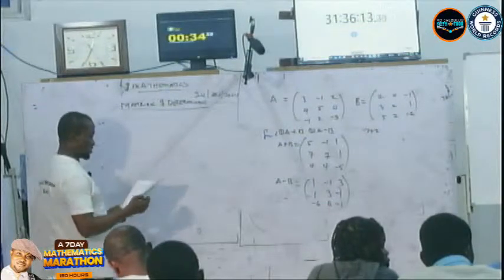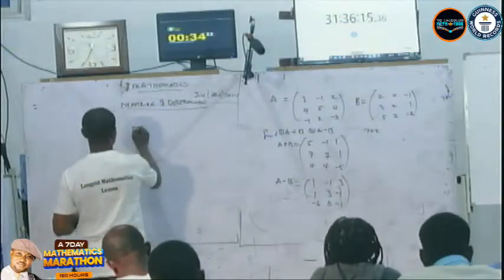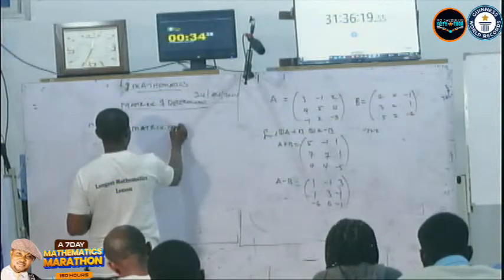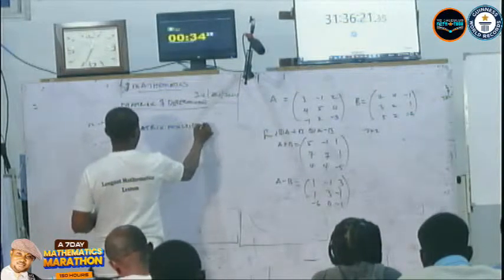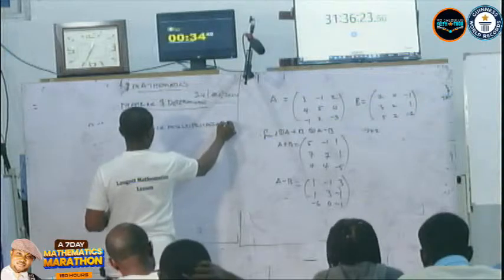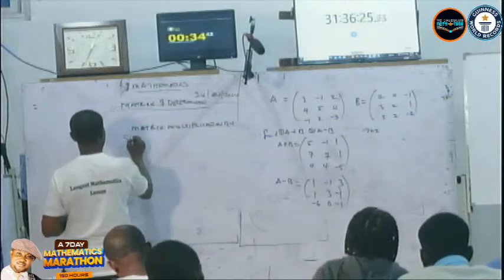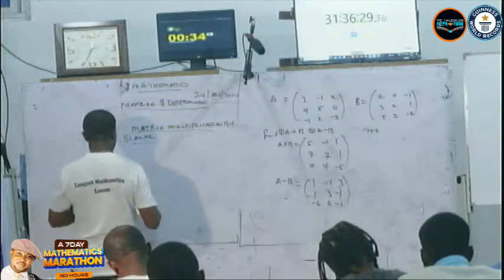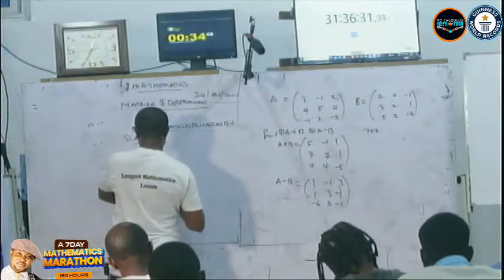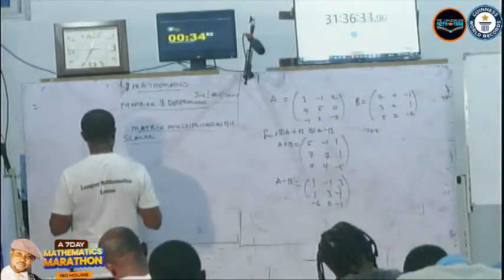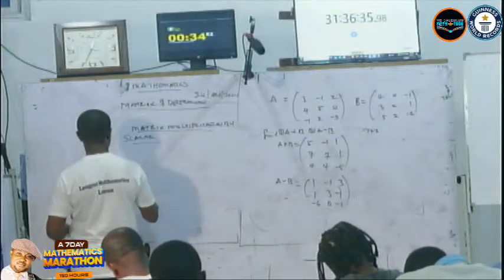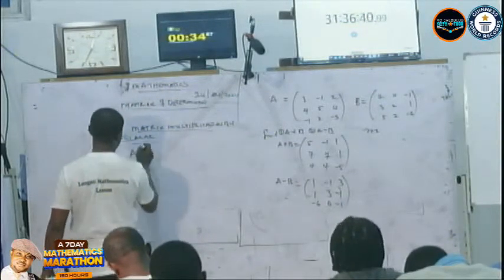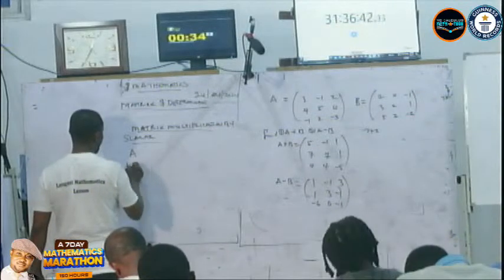For example, if you have A as a matrix and you multiply by a scalar, that would be kA.